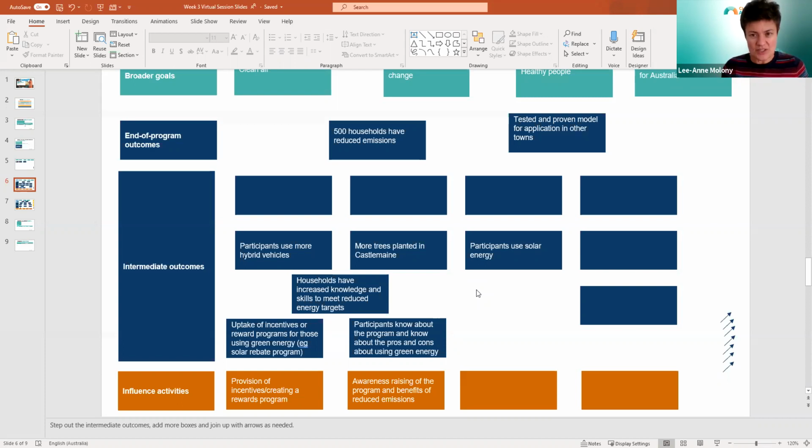So what we want to see is this change happening long term, not just while the program is in place, but when the program ends in 2 years, for that change to endure, for people to keep behaving in the way they need to behave, for the emissions to remain reduced.